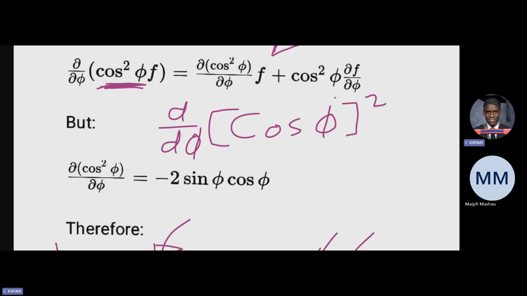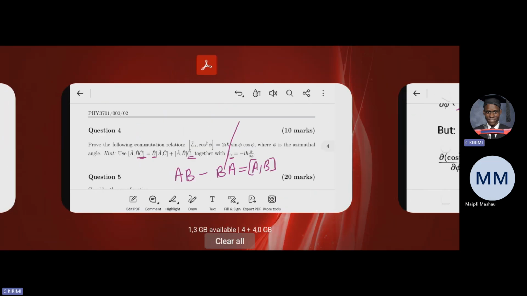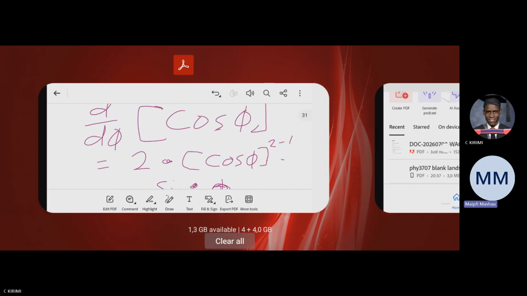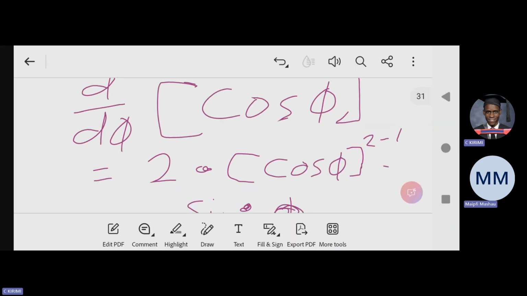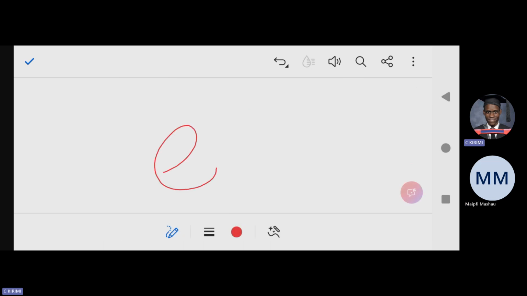That's like what we're dealing with, e to the power of i(kx minus omega t). You still remember? The derivative was like this, where you are supposed to differentiate e to the power of i(kx minus omega t).